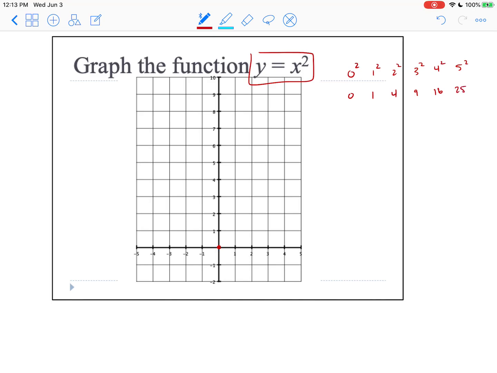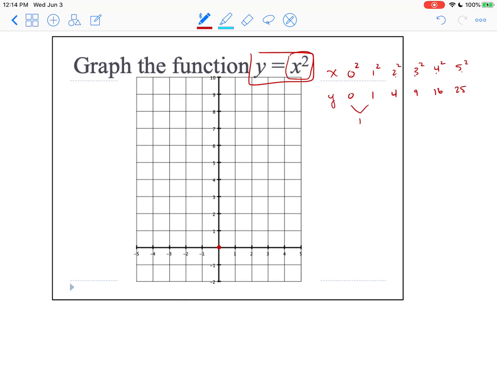So let's look at this pattern for right now. Since this is telling me to square something, going from x values that are 0, 1, 2, 3, 4, 5, we get y values that range from 0, 1, 4, 9, 16, 25.